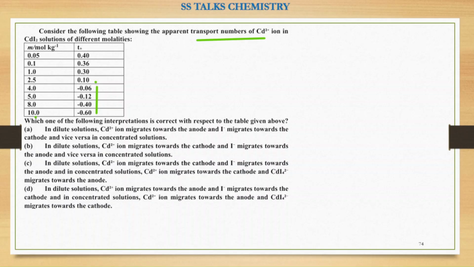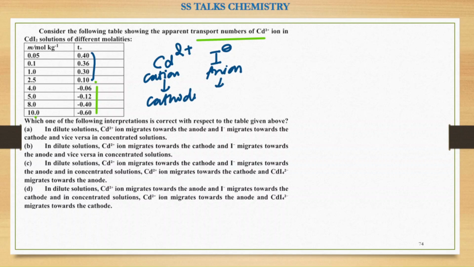So here you are seeing the positive transport numbers at the low concentration. We have in the solution the ions Cd2+ and I-. So this is my cation and this is my anion. And we know that the cations move towards the cathode and the anions move towards the anode. This is the general trend that we observe in the movement of the ions.